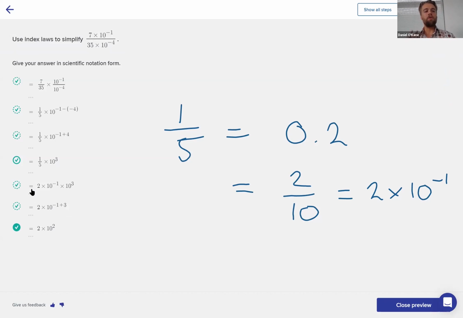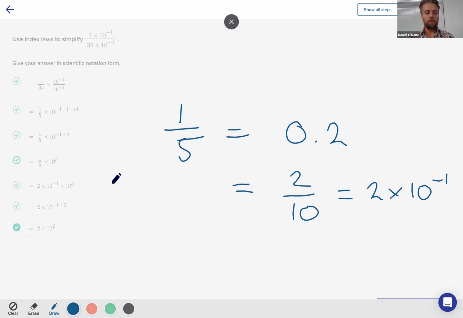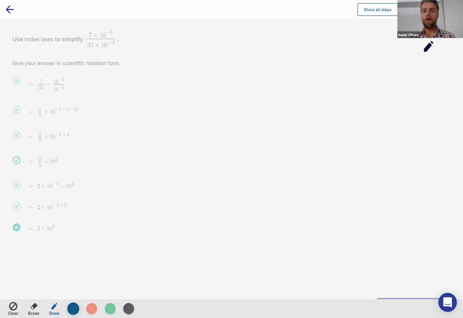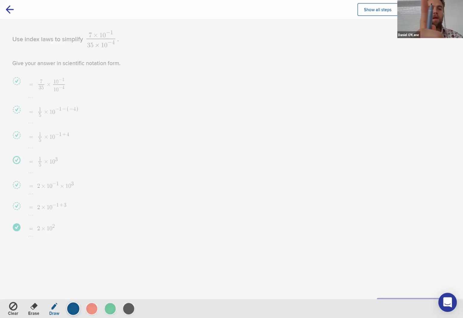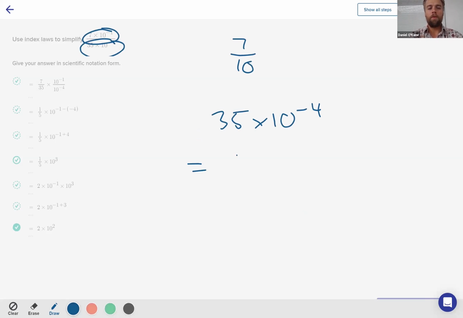So you can use scientific notation now to start operating with numbers of different magnitudes. So if you think about it, looking at this problem, 7 times 10 to the power of -1, this number in the numerator, that's 7/10. And then 35 times 10 to the power of -4, well, that was 35 over 10,000.